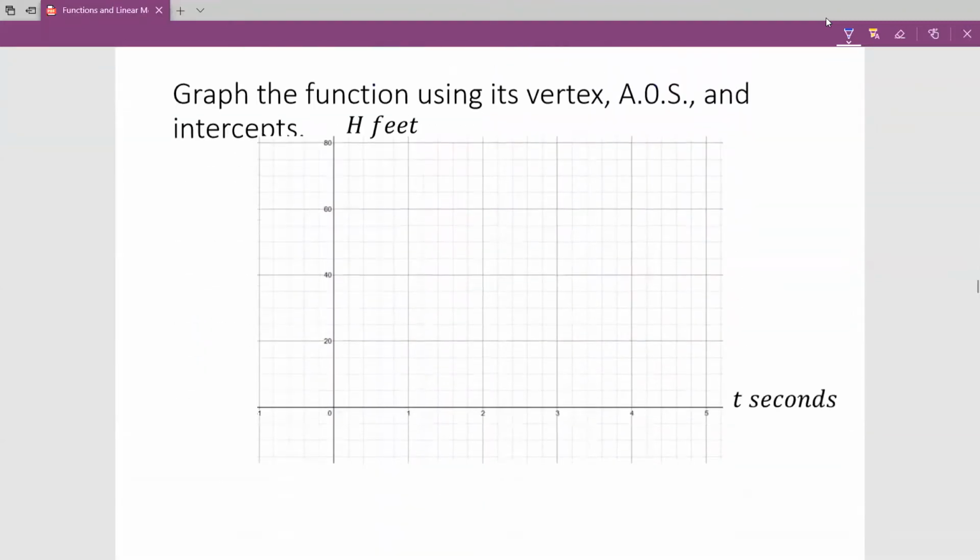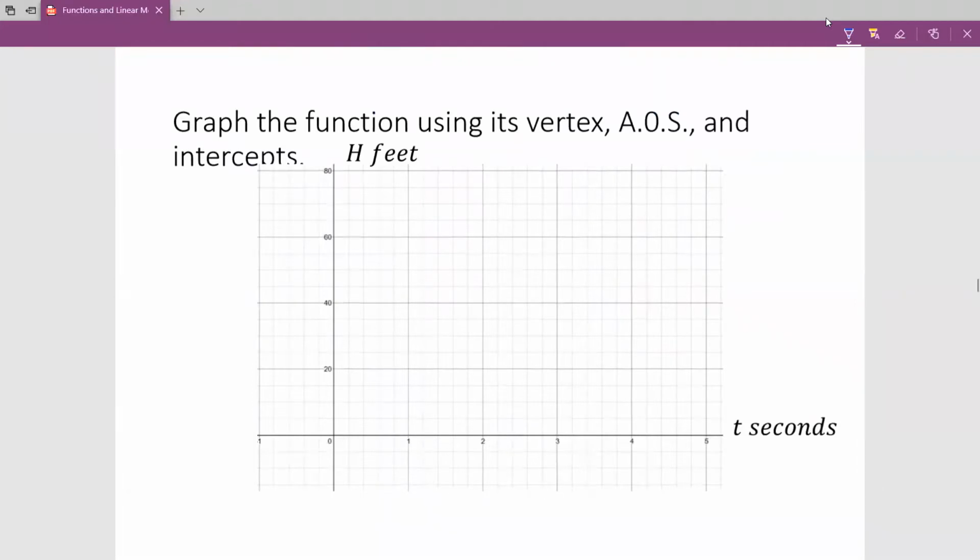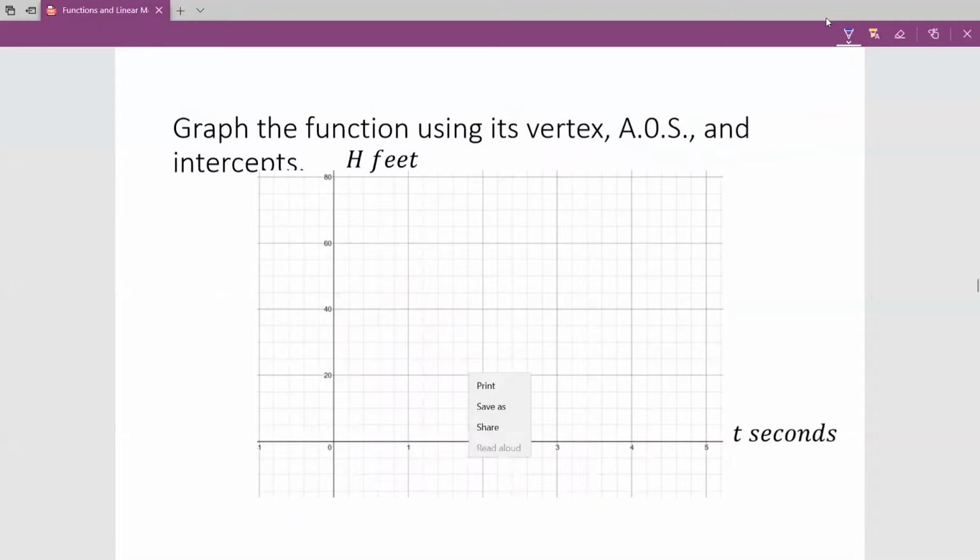Now we're going to graph the function. Remember, the vertex was 1.875 and 62.25. And so that is about right here.